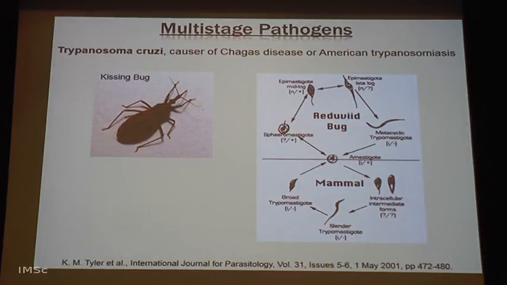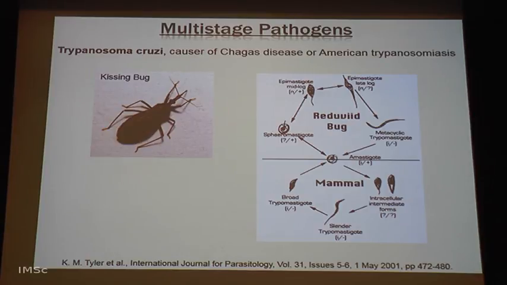And there's another pathogen called Trypanosoma cruzi, which is the causer of the Chagas disease, which is transmitted by the kissing bug. I don't know if this bug is existent in tropical India, but I grew up in tropical South America, and they are all over the place, actually.